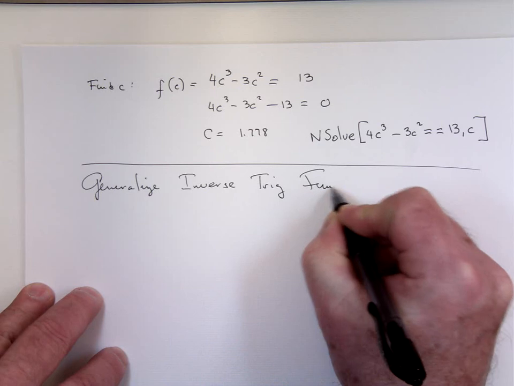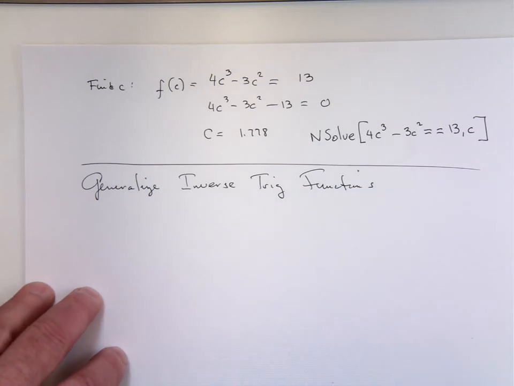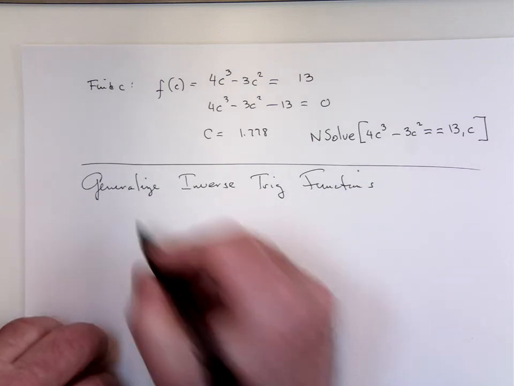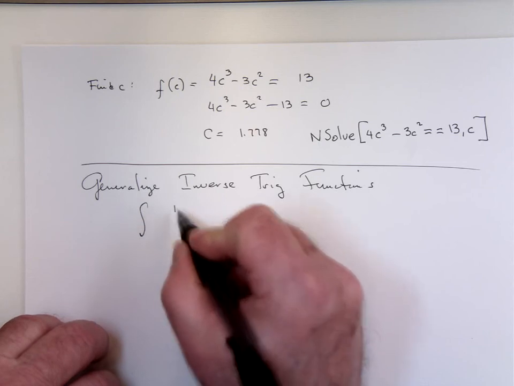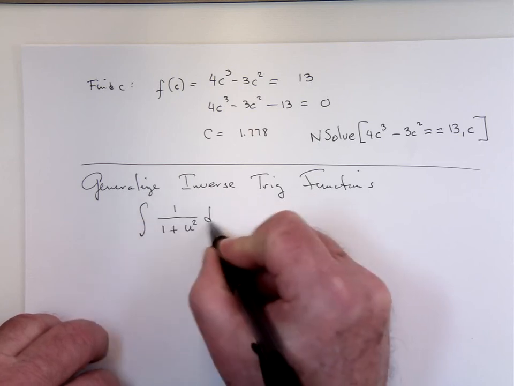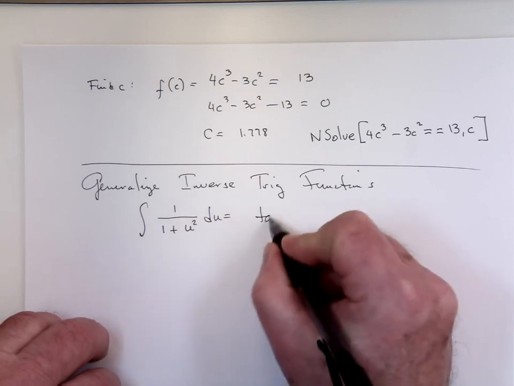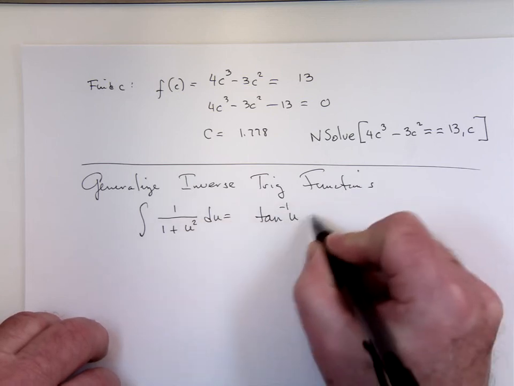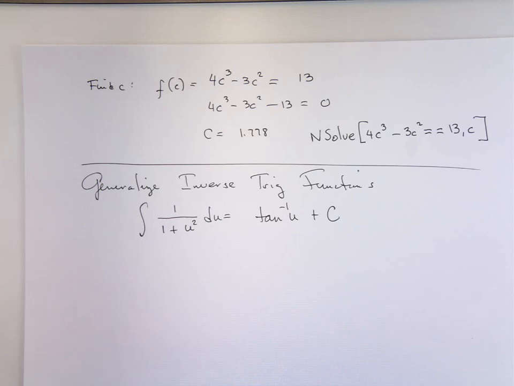Well, that means this. Right now, we have the integral of 1 over 1 plus u squared du is inverse tangent u. That comes about directly from Calc 1. The derivative of inverse tangent is 1 over 1 plus u squared.